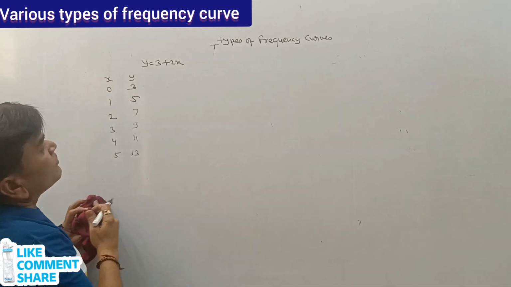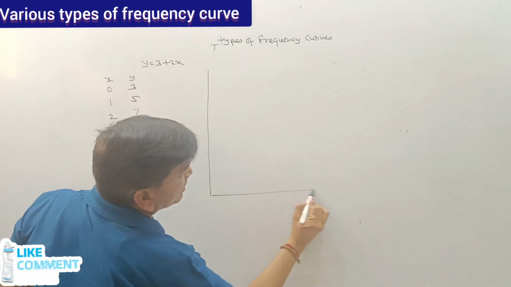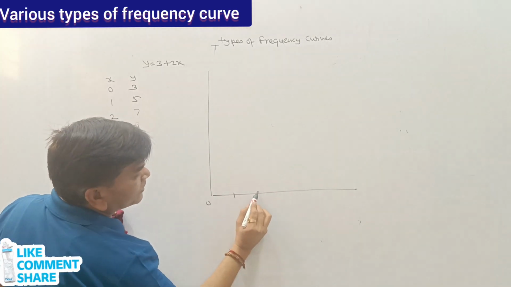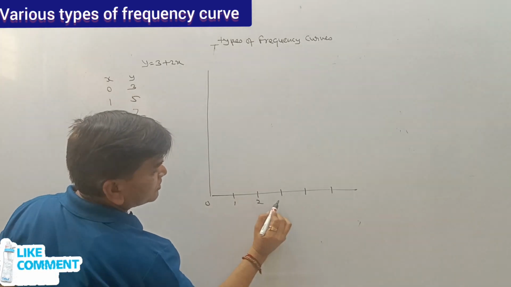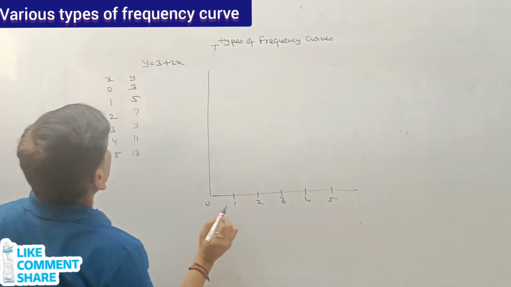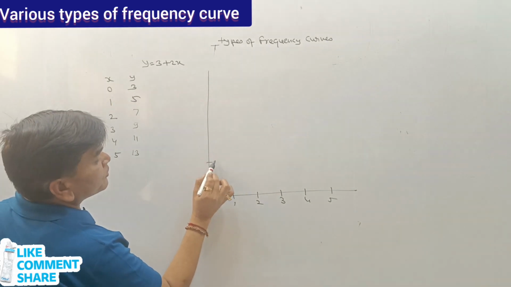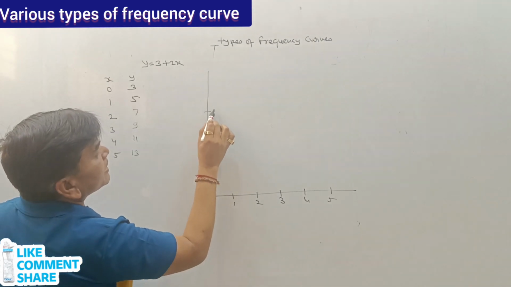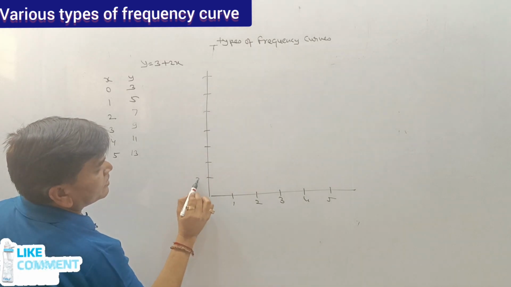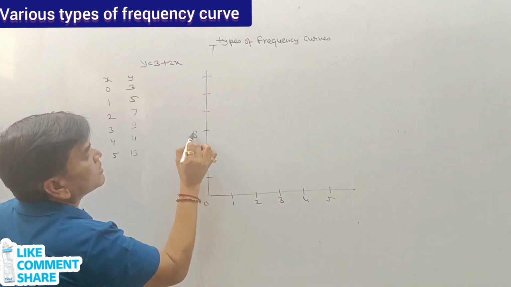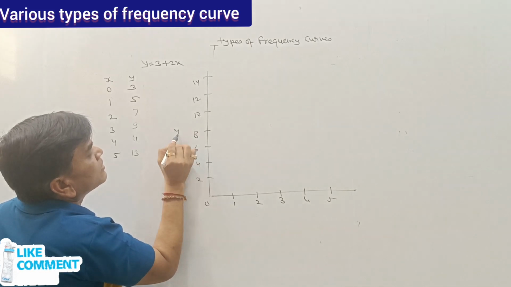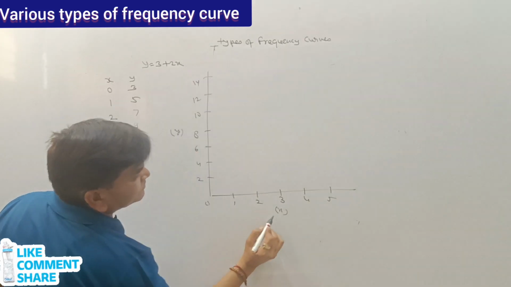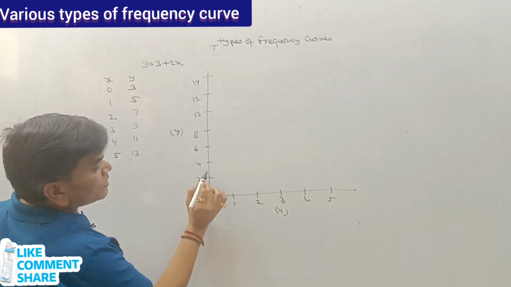No problem at all. We have graph paper with x values 0, 1, 2, 3, 4, 5 and y values 2, 4, 6, 8, 10, 12, 14. This is the y axis and this is the x axis. At x = 0, y is 3.